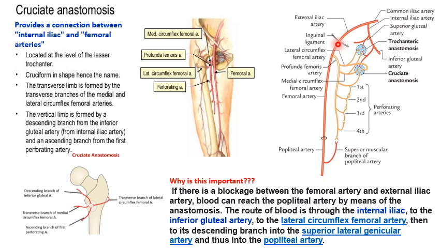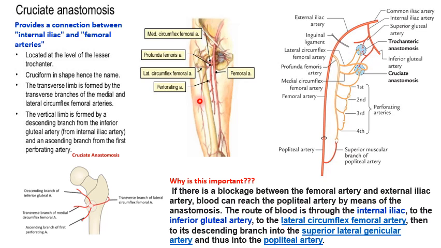Now the route of the blood here, it flows via the internal iliac, then inferior gluteal, then the descending branch of the inferior gluteal, then the lateral circumflex femoral artery, then this is the lateral circumflex, isn't it?